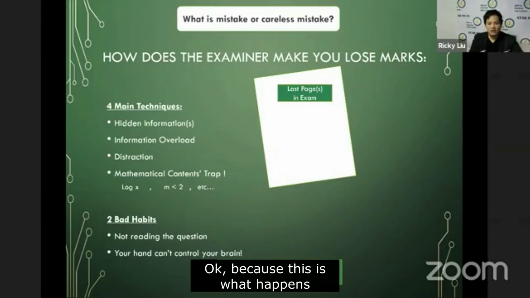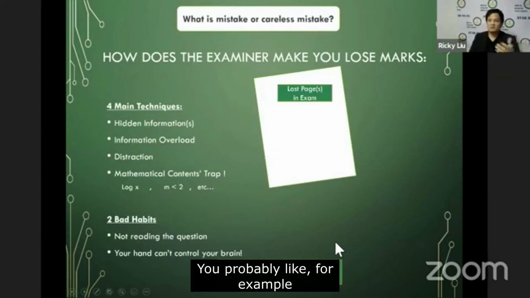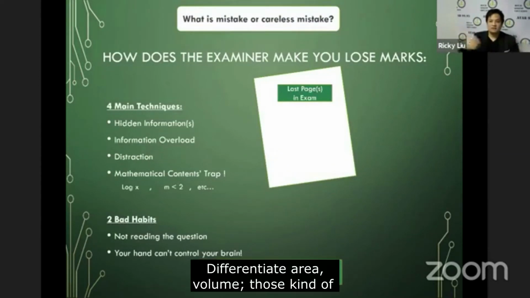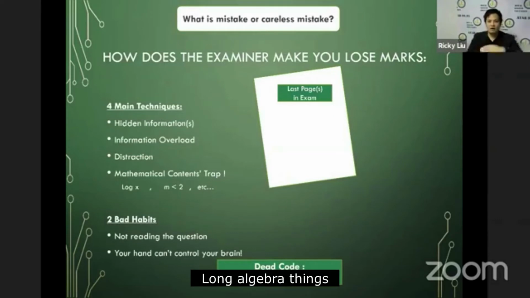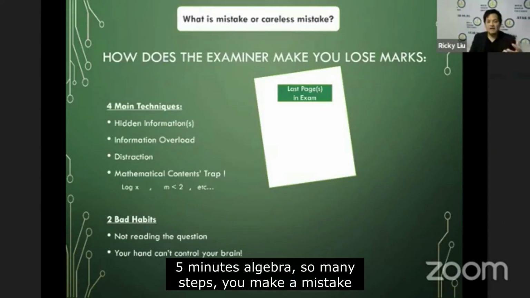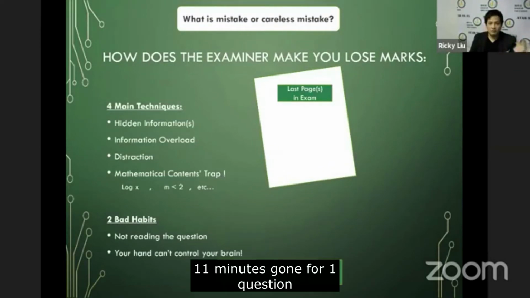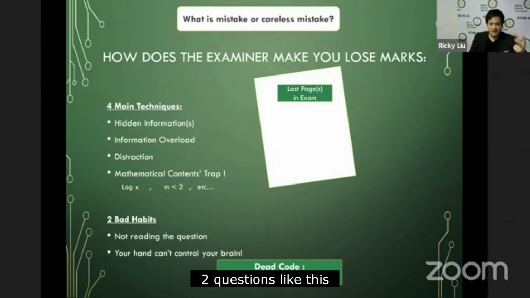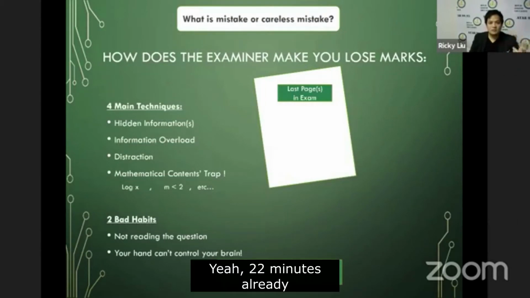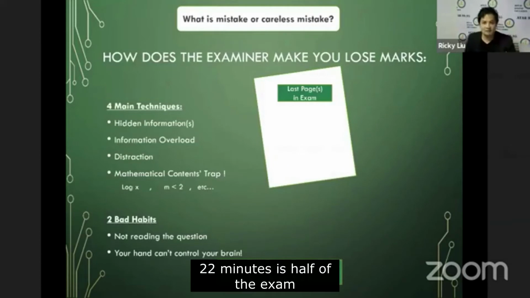And especially if a question is like complex number, differentiation, area, volume, those kinds of long algebra things, maybe 515. 5 minutes, algebra, so many steps, you make a mistake. 11 minutes gone for 1 question. 2 questions like this, 22 minutes already. 22 minutes, it's like almost half of the exam.